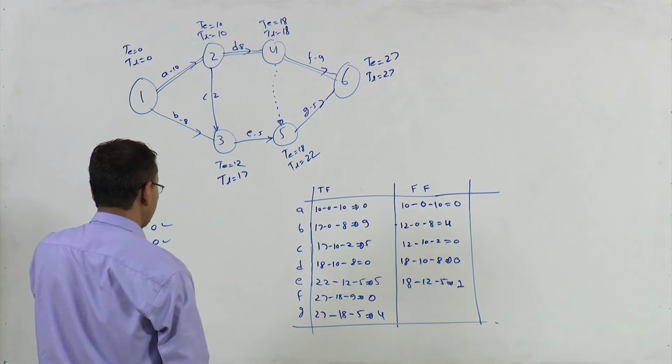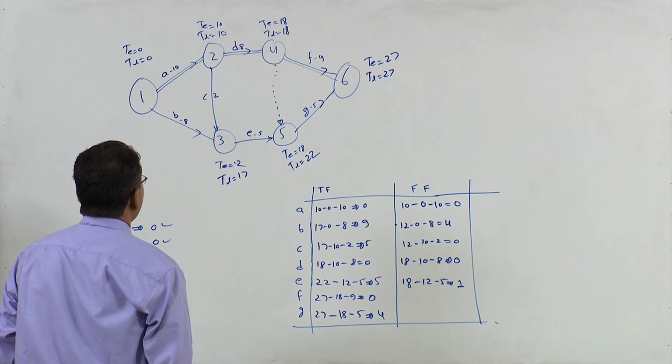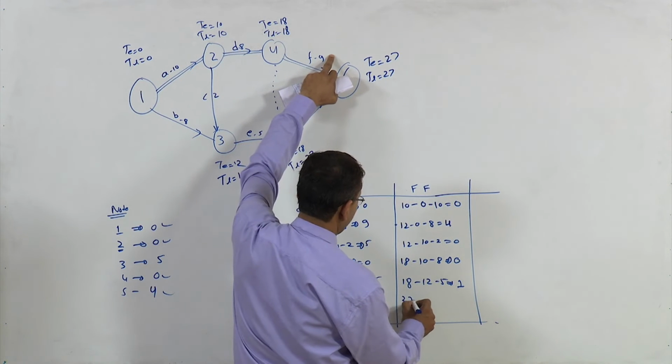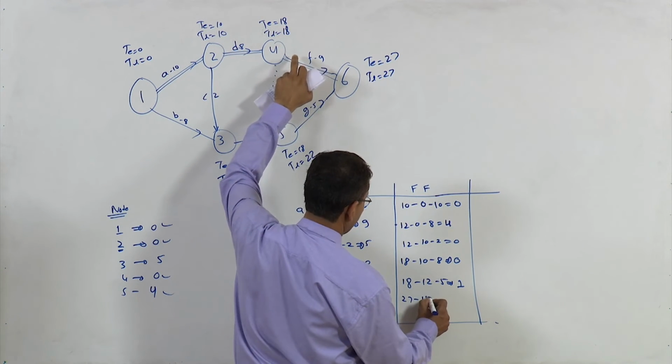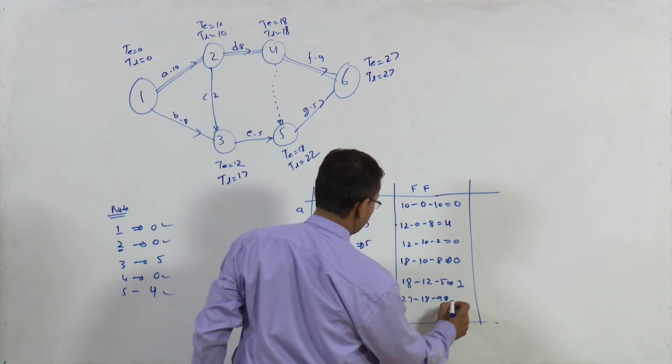Okay. Now if you look at activity F, this is 27 minus 18 minus 9, 0.